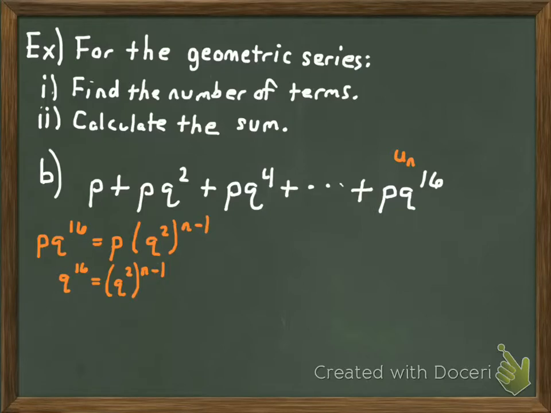And we could use logarithms again. If you want to, you can rewrite both sides of the equation so that they have the same base, right? They both have q. Like you can make the left side of the equation, excuse me, into q squared to the 8th power equals q squared to the n minus first power.